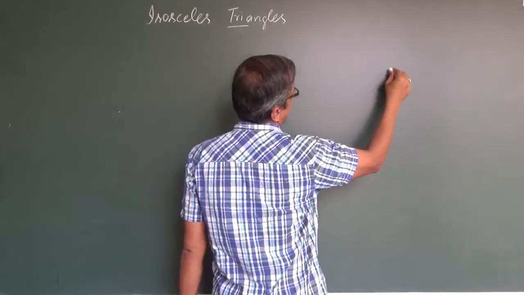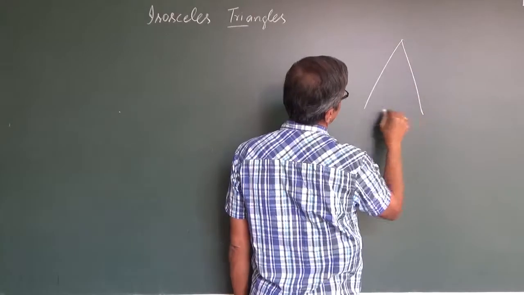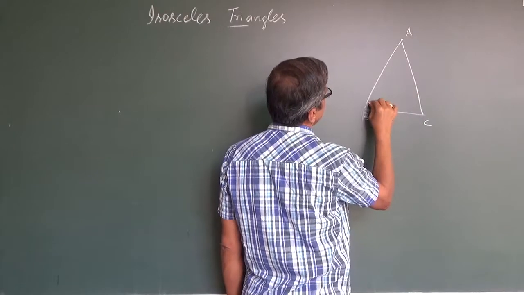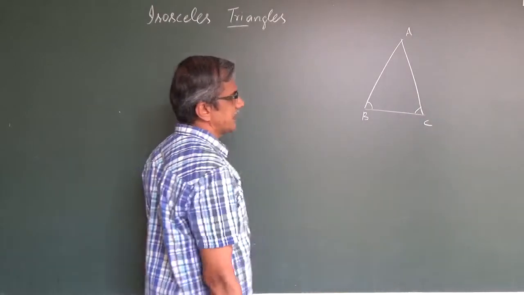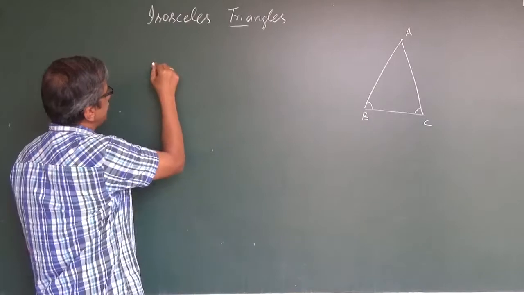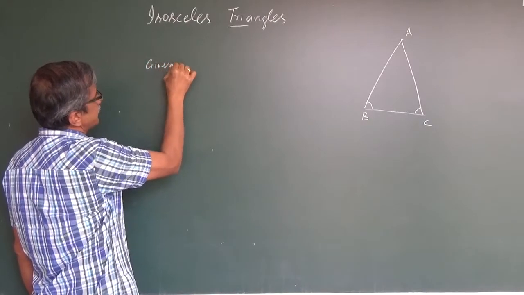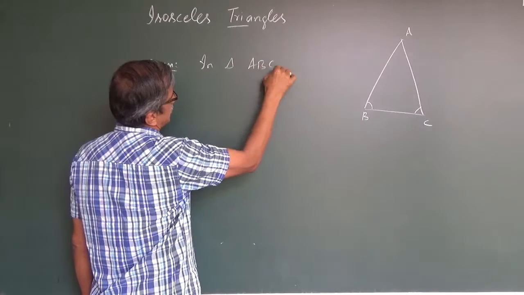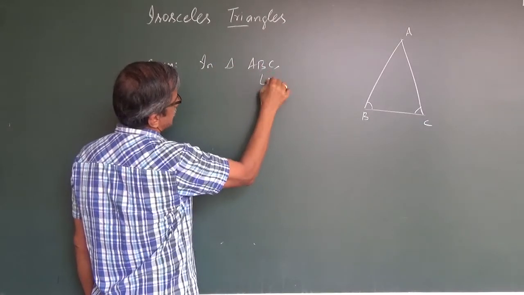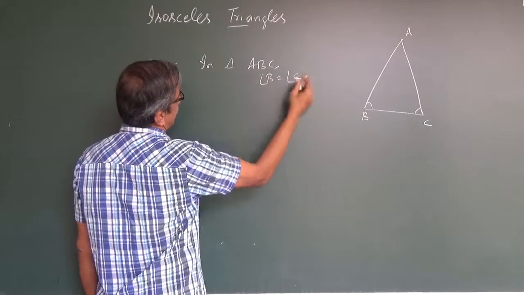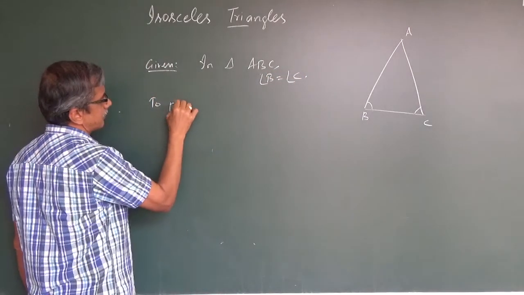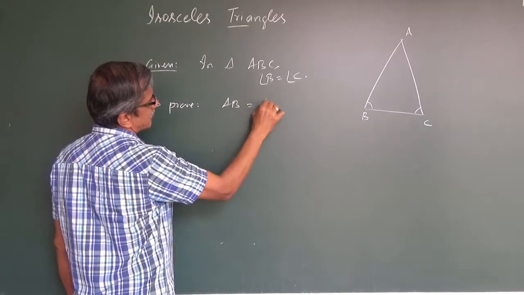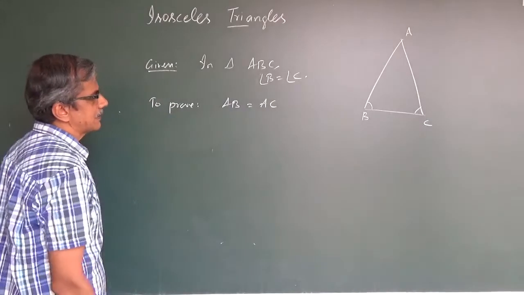For the proof of this theorem, again we draw the triangle. These two angles are equal. This is given, nothing else is given. Given: in triangle ABC, angle B is equal to angle C. Now we have to prove that AB is equal to AC, the sides opposite to the given angles.